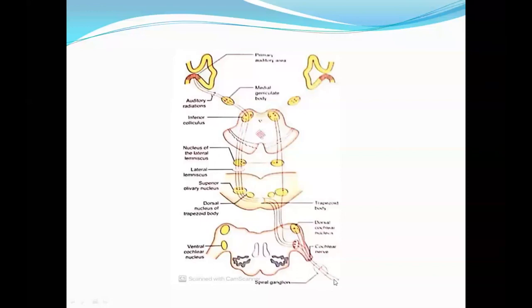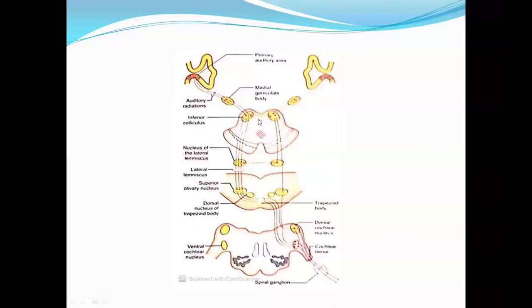So again, to repeat, the cochlear division of the eighth nerve ends up in the dorsal and ventral cochlear nucleus. This is the first order neuron. Then fibers move upwards and end up in the superior olivary nucleus and trapezoid body. These are the second order neurons, and the third order neuron starts from the superior olivary nucleus and trapezoid body and passes through the nucleus of the lateral lemniscus and ends up in the inferior colliculus.